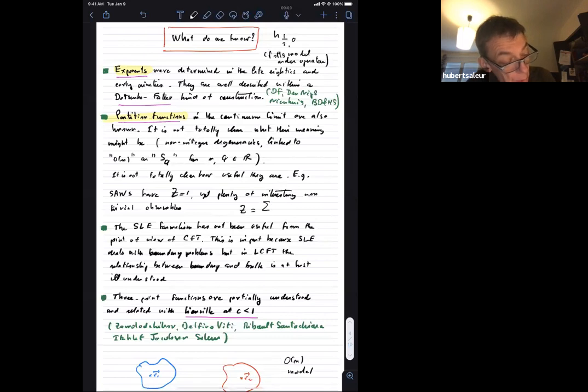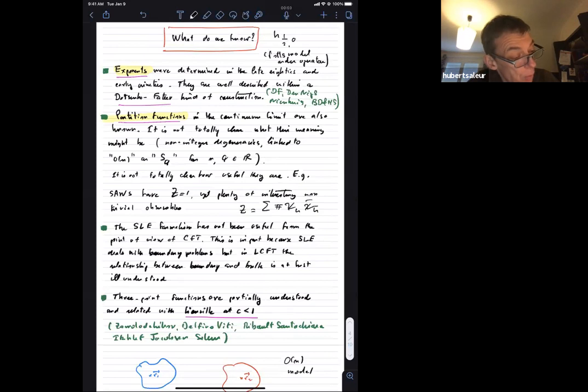characters of the Virasoro algebra, but the multiplicities typically are non-integers. They are functions of n and q. They turn out to be polynomials. And the meaning of these in terms of symmetries is something that's not totally clear.